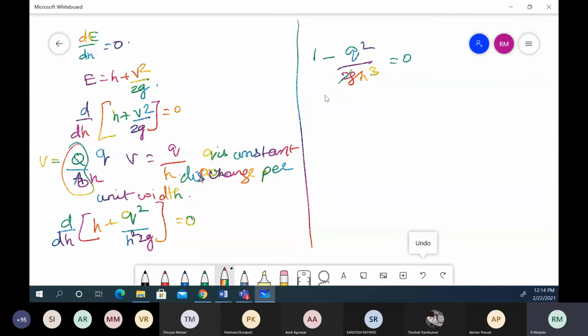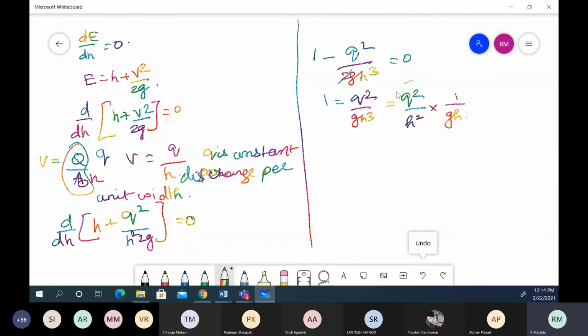Now this is going to be 1 is equal to q square divided by g into H cube. And again this is going to be q square divided by H square into 1 by gH. I am rewriting like q square by H square into 1 by gH.